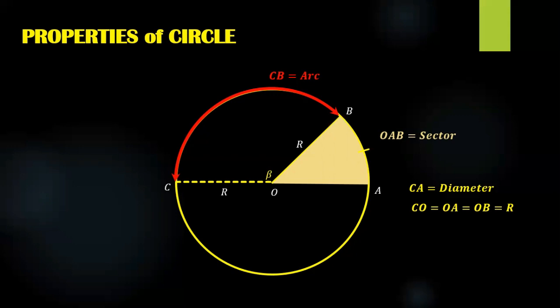The sector is covered by the radius OA, OB, and arc AB. A sector is a fraction of the area of a whole circle.